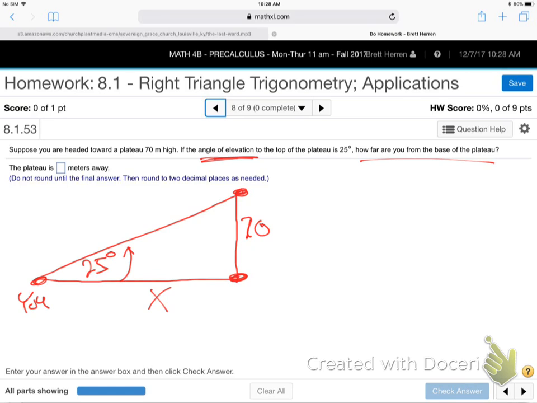So do you realize how you could use it? If you're far away from some mountain or you're out in the ocean and you see some lighthouse, and you have the instrument that measures, you go up till you sight the top of the lighthouse, and you just happen to know, you can type into Google how tall lighthouses are.